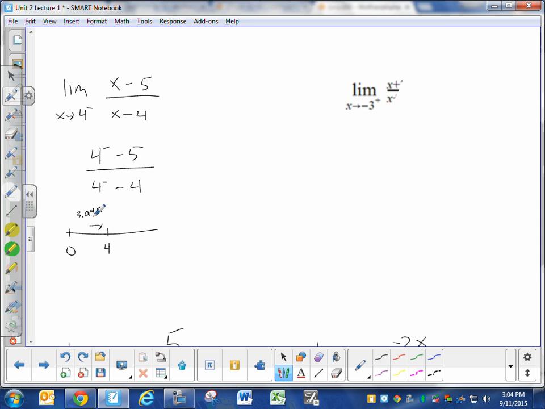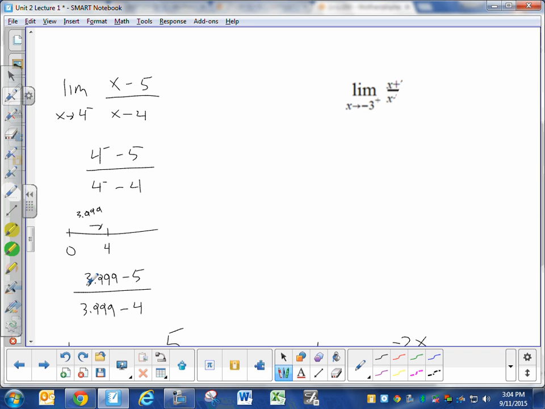Well, here's the deal. If I take 3.999 and I subtract 5, am I going to be approaching negative 1 from the left or from the right? It's kind of tough. I know this one's kind of easy to compare. I've got 3.999 and 4.